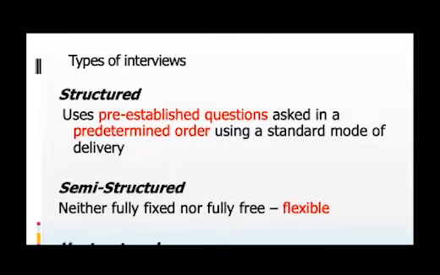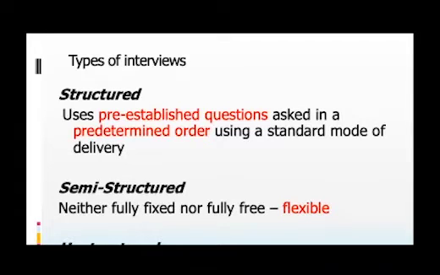And lastly, there is the unstructured interview, where you attempt to draw out information without the aid of predetermined questions. You don't have any checklist, you don't have any prepared questions. You just draw out information as you go, as you go to the people you want to interview.